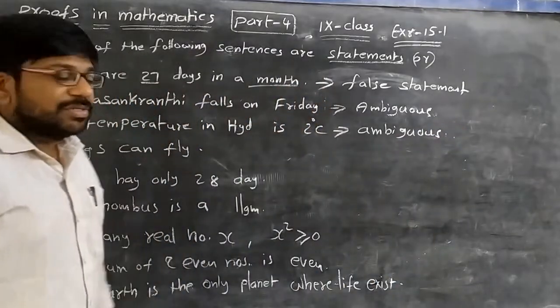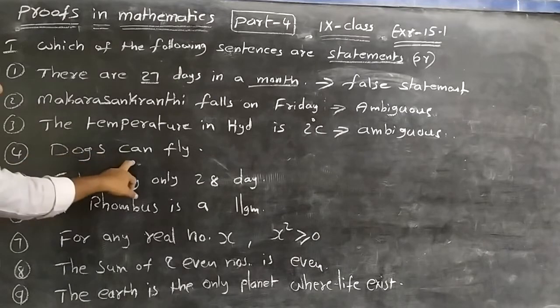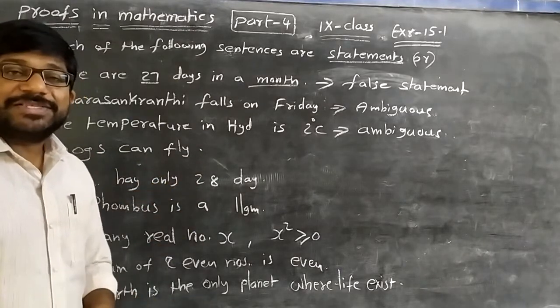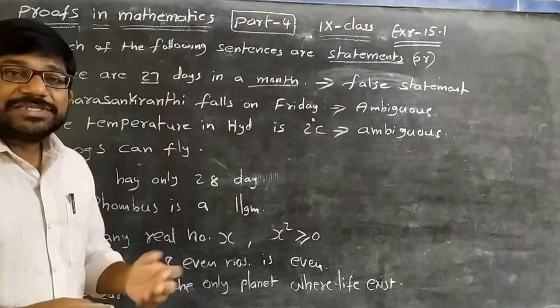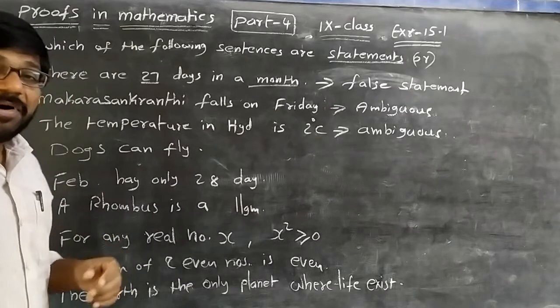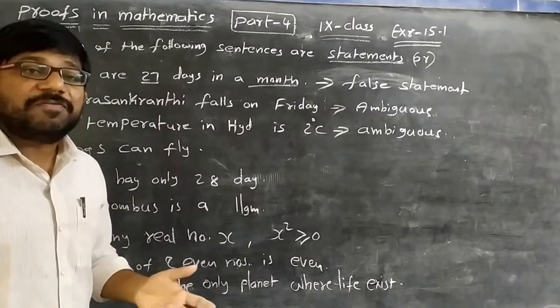Next, the fourth one. Dogs can fly. Is it a statement? Yes. We can decide whether it is true or false. It is a false statement because dogs cannot fly.